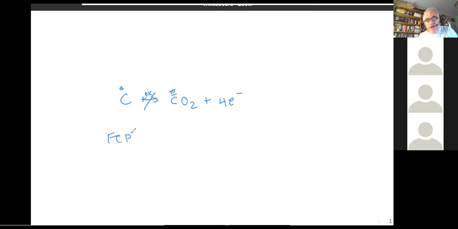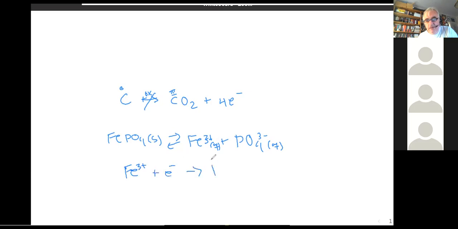I mean, iron phosphate, that's very insoluble, but of course not totally insoluble. There is a very, very slight amount of iron ions, but an iron 3+ plus an electron makes an iron 2+.